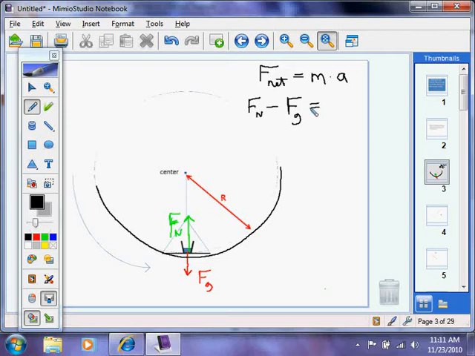Okay, and the net force is just going to be the normal force up minus the weight force down. And that's going to be equal to the mass times the acceleration. However, this acceleration right here is a centripetal acceleration. It's the acceleration due to the fact that the water is going in a circular path.